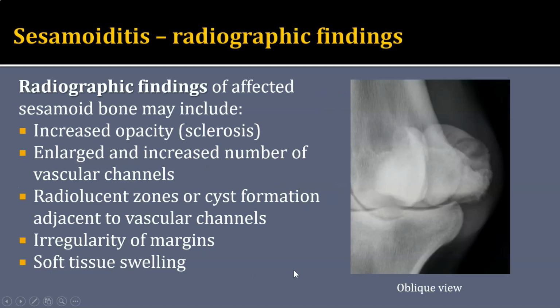And obviously we'll take our clinical findings into account to correlate what we're seeing on the radiographs. The radiographic findings of the affected sesamoid bone usually include increased opacity or sclerosis and also irregularity of the margins, which is that proliferative change. However, the findings oftentimes include enlarged and increased number of vascular channels and oftentimes radiolucent zones or cyst formation adjacent to the vascular channels.